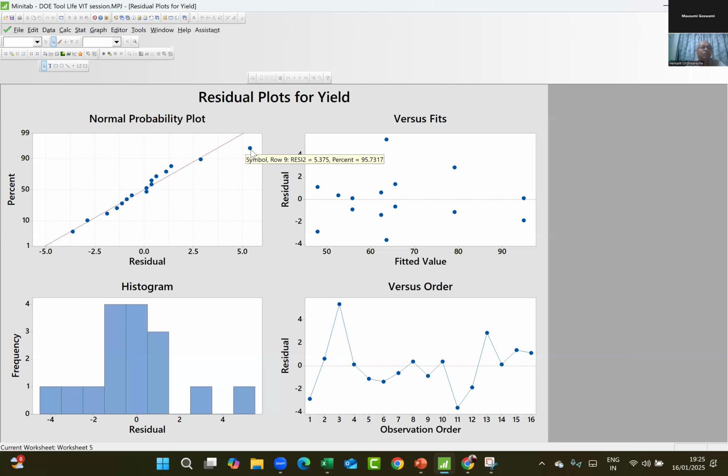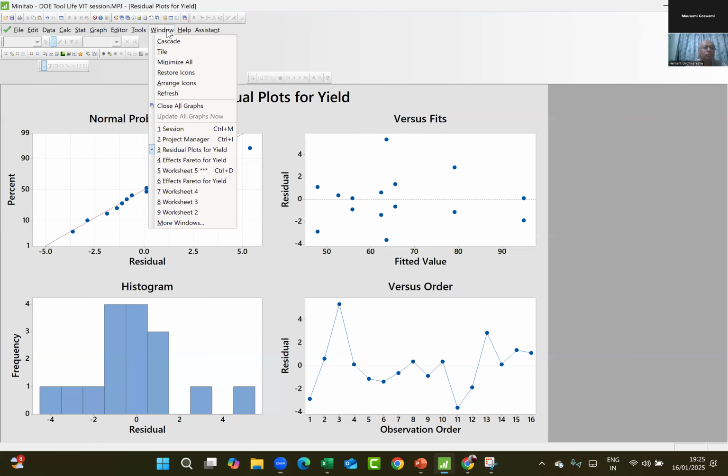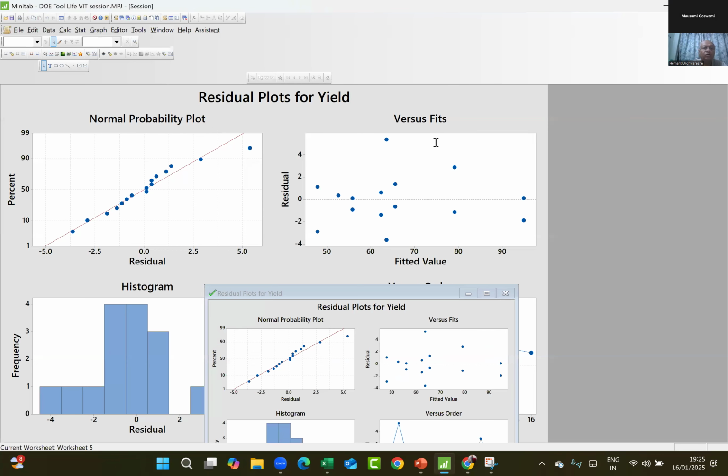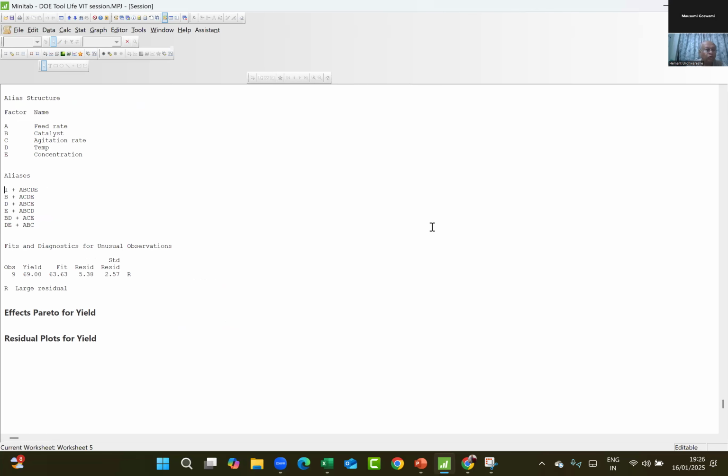But in the table, in the session window, it might show as an unusual value. So if you go back to the session window, it might show you unusual values. Yes, unusual observations. That means you may check your data for typographical errors or data collection once again.